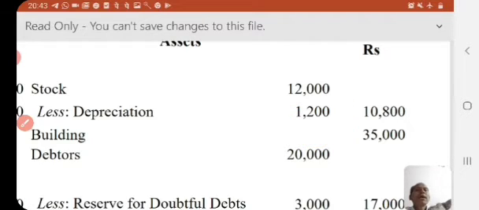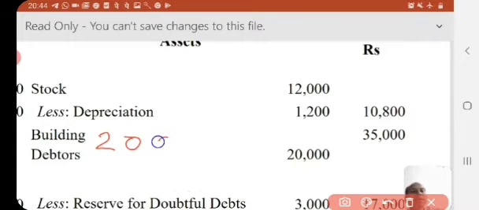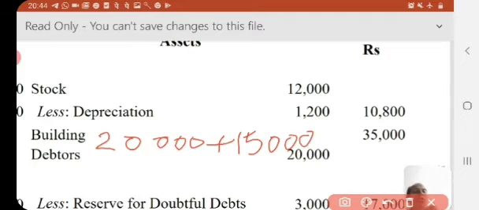And building, see the building value is 35,000. But in the balance sheet it is given as 20,000, and in the adjustment it is given as 35,000. So 15,000 is the appreciation of the asset.